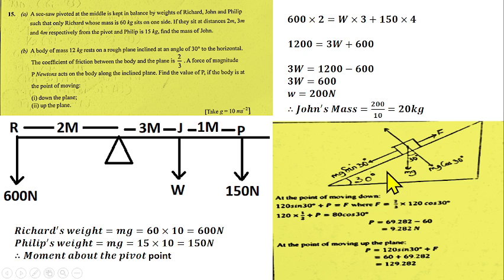of P. So now if this mass is moving downward, that means the horizontal force plus the force P should be equal to the reaction of the surface, which is the same as the force times the coefficient of friction.